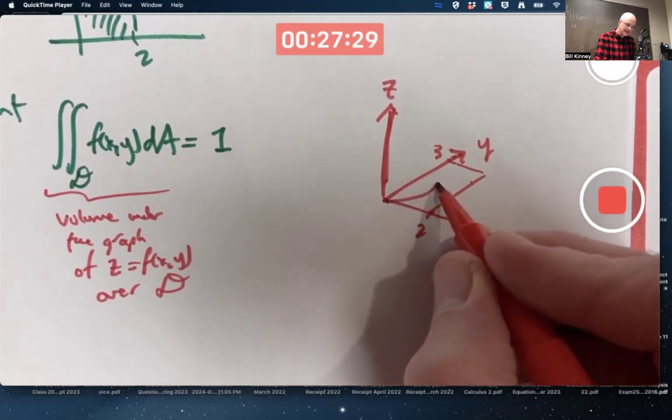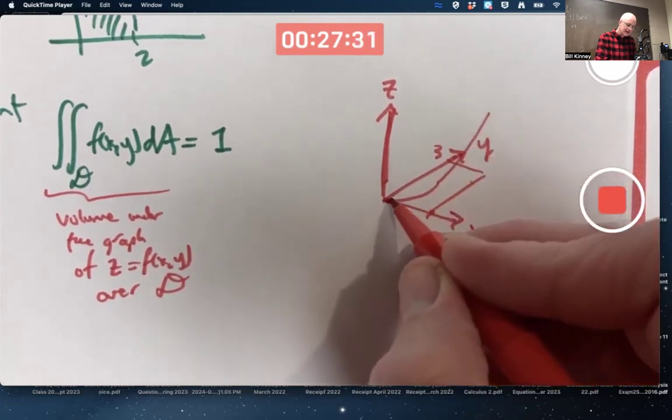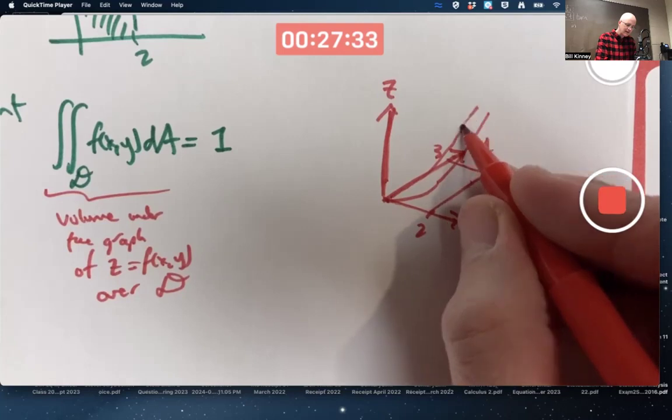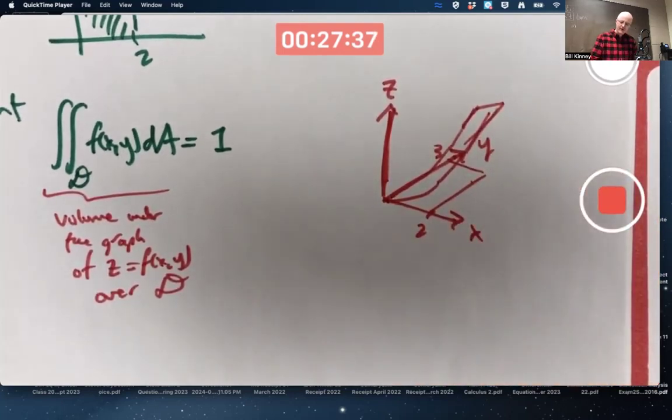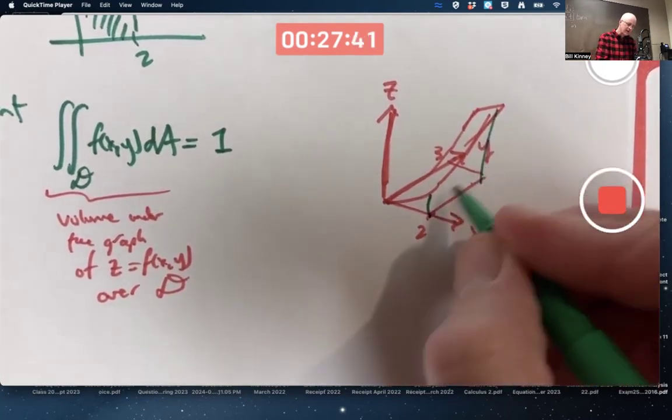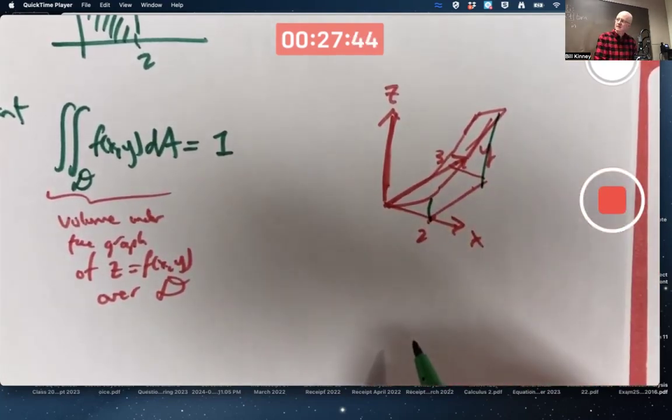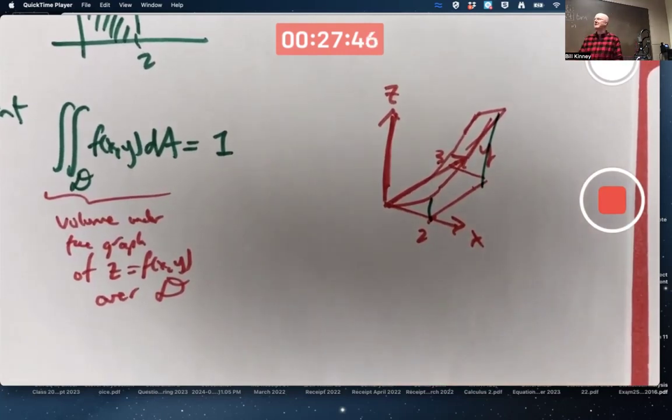The graph of f is some kind of surface above that domain. The integral represents the volume of the solid under that surface. And to be a valid probability density function, to be a valid model, you want that volume to be 1.